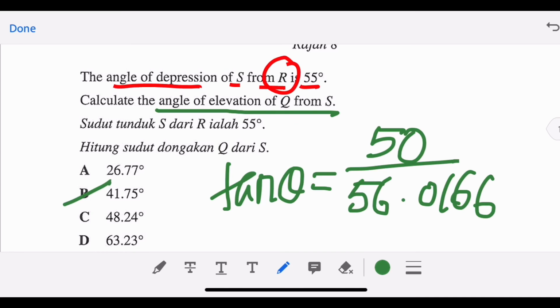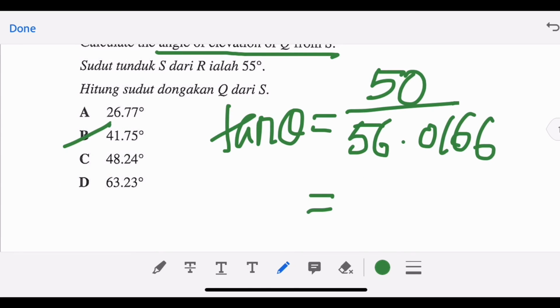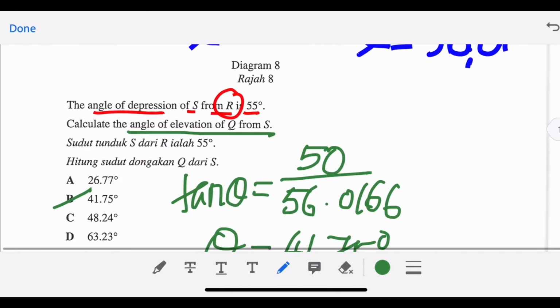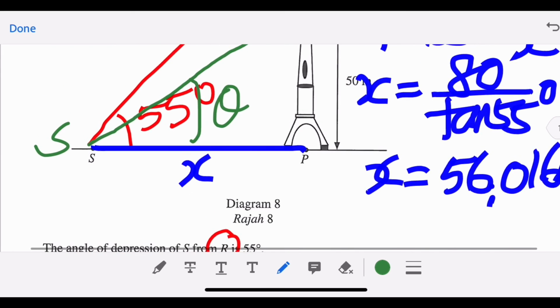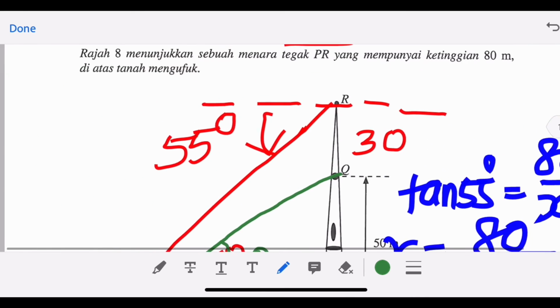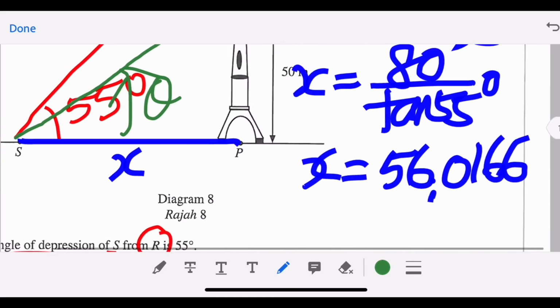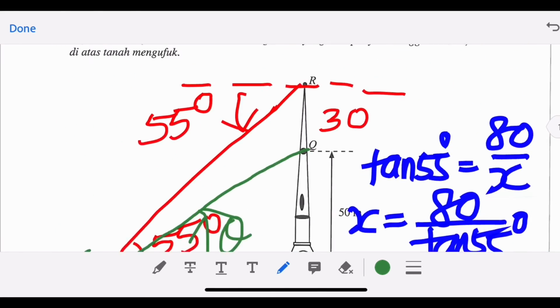Alright, so it's quite simple. The answer is 41.75 degrees. So settle, we have solved the trigo, we have solved the angle of elevation.